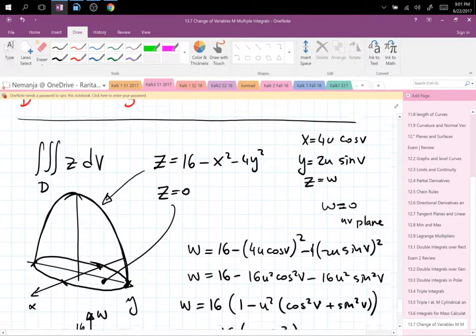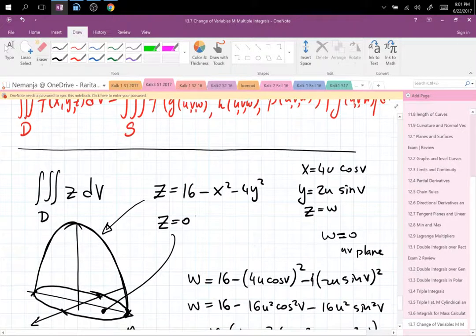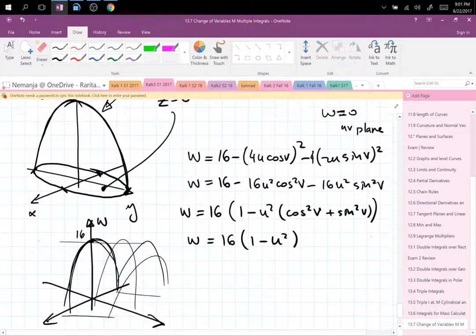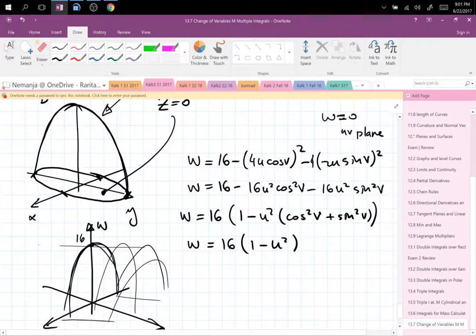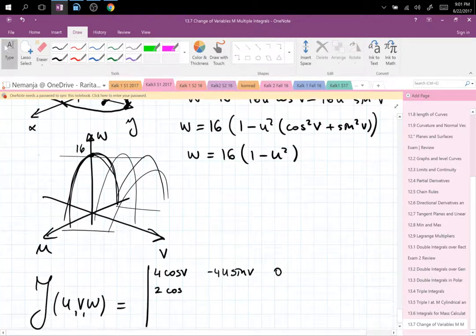Next one. Partial y partial u is going to be 2 cosine, no, that was a sine, right? Sine v. And then what else? Now in terms of v, it's going to be 2u cosine v, and then again 0.